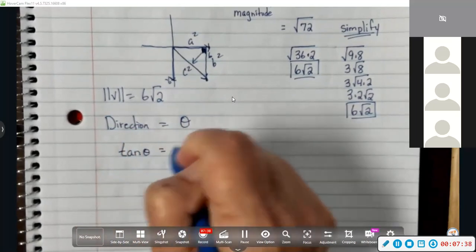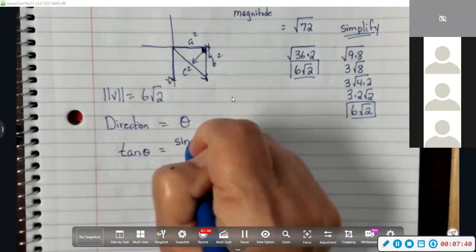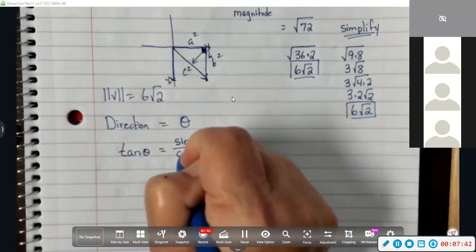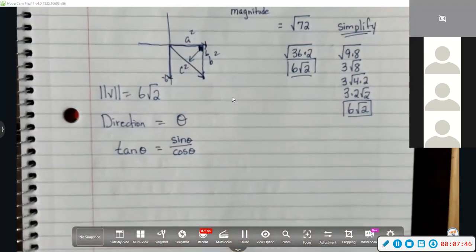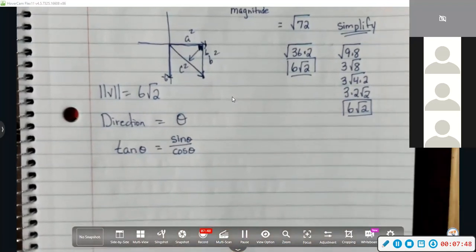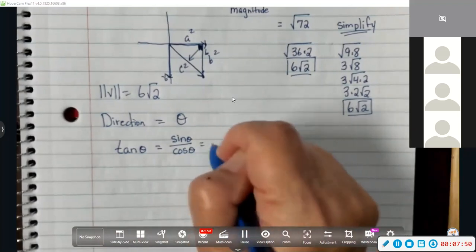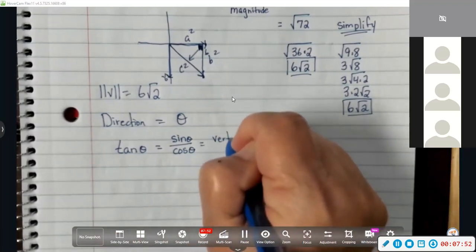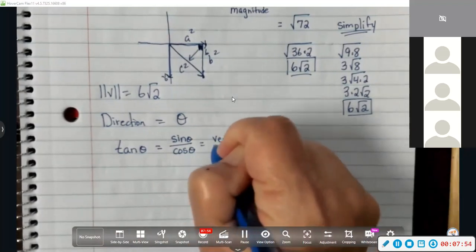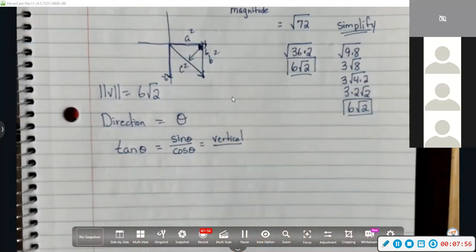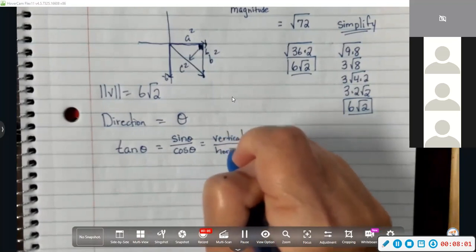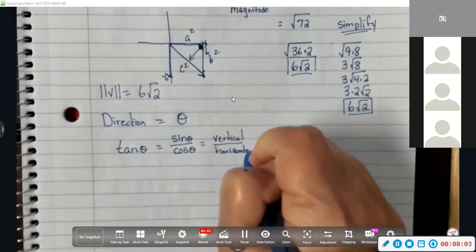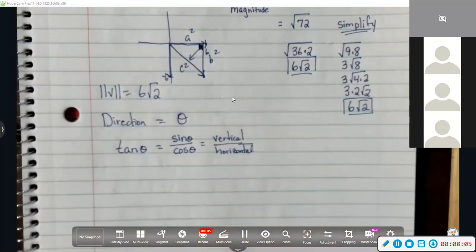The tangent of theta is defined as the sine of theta over the cosine of theta. We all know by now that the sine of theta is a vertical measurement, the y-axis, and that the cosine of theta is our horizontal measurement, the x-axis.